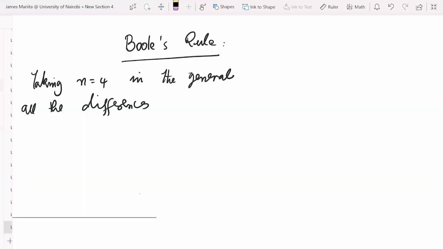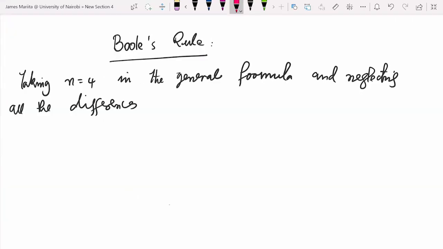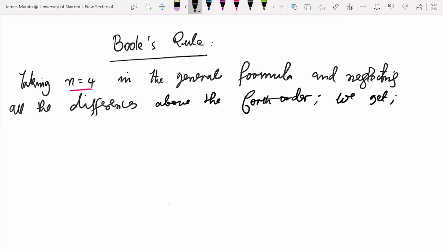So let's look at a case where n is equal to 4. If we take n equal to 4 in the general formula, then we neglect all the differences above the fourth order, and we get the integral from x naught to x naught plus 4h of f(x) with respect to x.